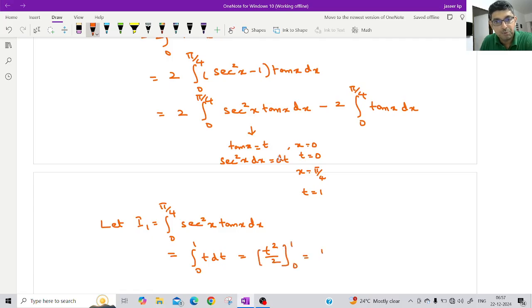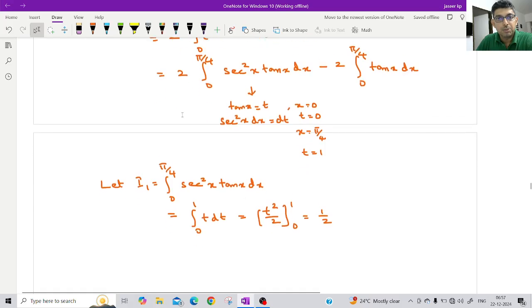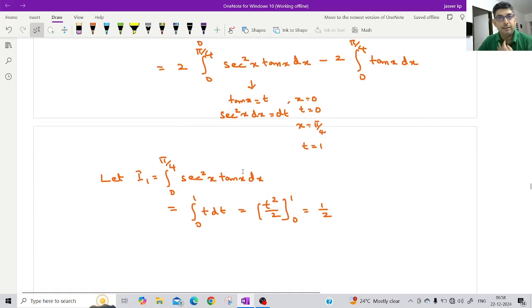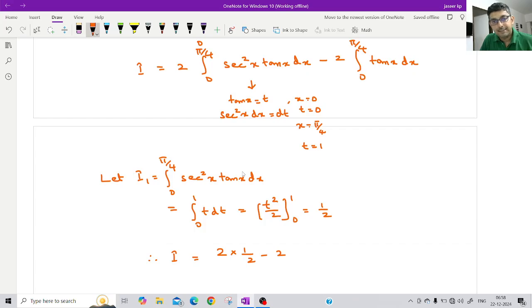So it will come as 1 by 2. So the first one is 1 by 2. Now for the second one, therefore I equals, there is 2 outside and the first one we got as 1 by 2, minus 2 into integral of tan x, that is minus log cos x from 0 to pi by 4.